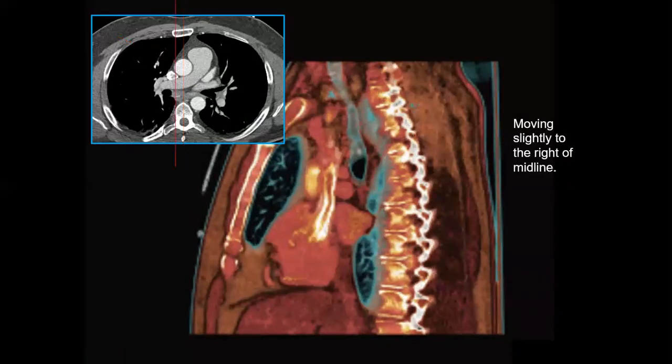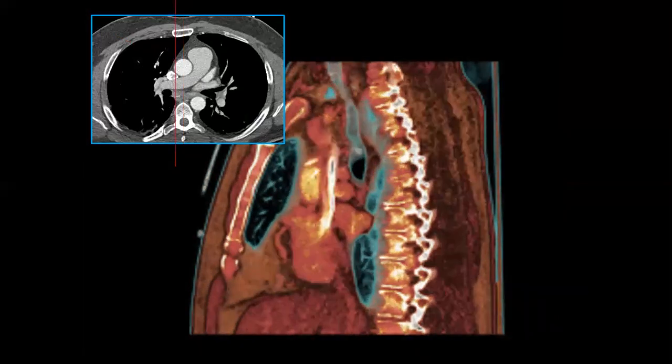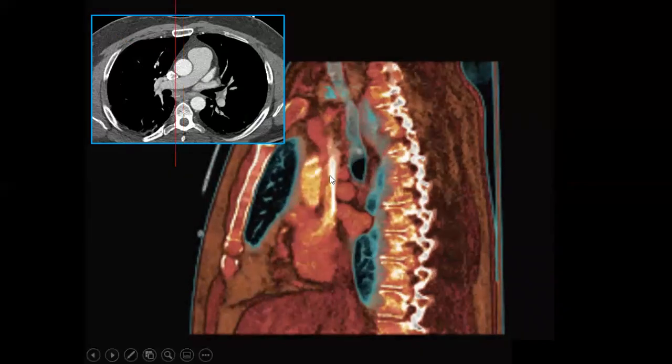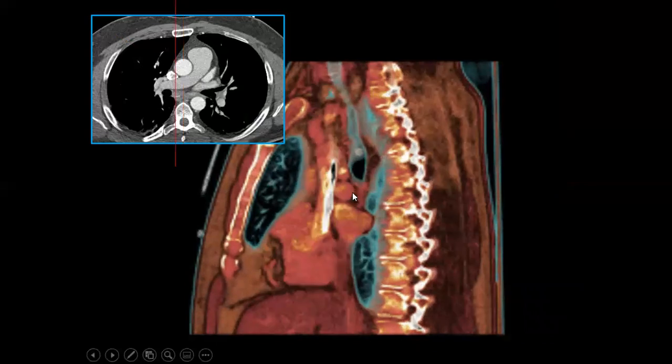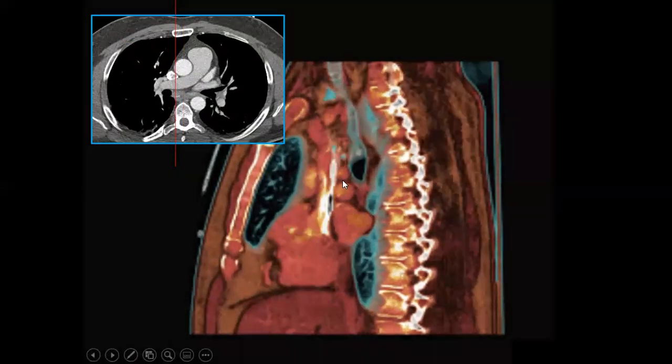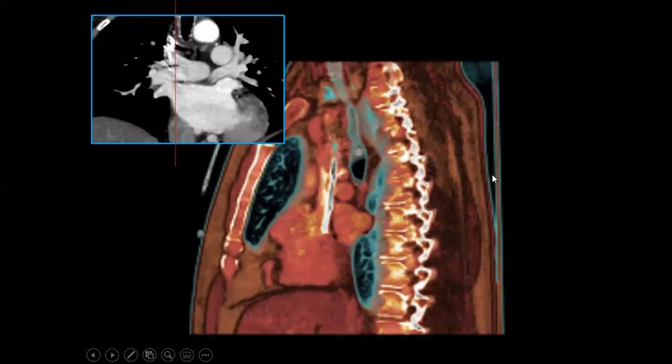Moving slightly to the right of midline, we're about here. And now this is the superior vena cava. You can see the contrast flowing into the right atrium. This is the left atrium. And we have these two circles here, which is our pulmonary artery that has bifurcated like that.